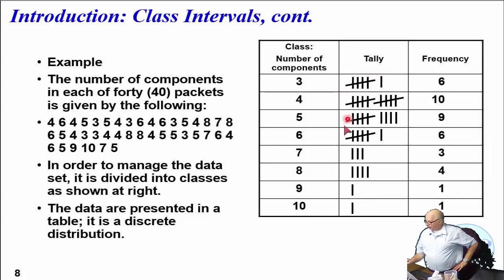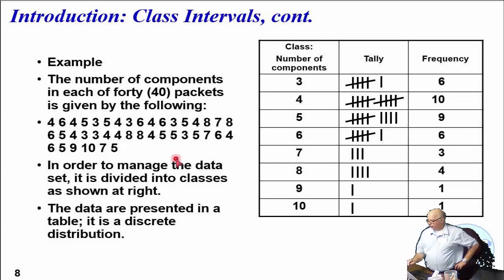I've used the five-bar gate type of approach here. You've done that sort of thing before, haven't you? Probably middle school. Basically we just mark off, and now I know that I had six 3s. Oh, look, there's a lot more 4s and 5s, and only a couple of 9s or 10s floating around. Yeah, we can see that much more easily than going back.